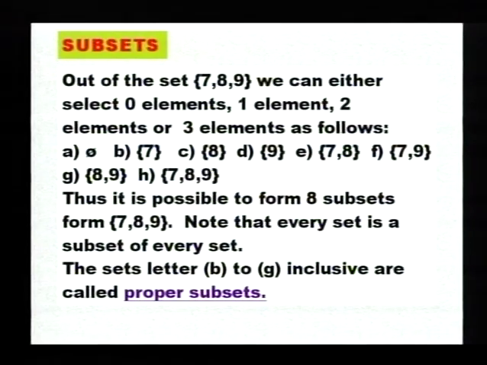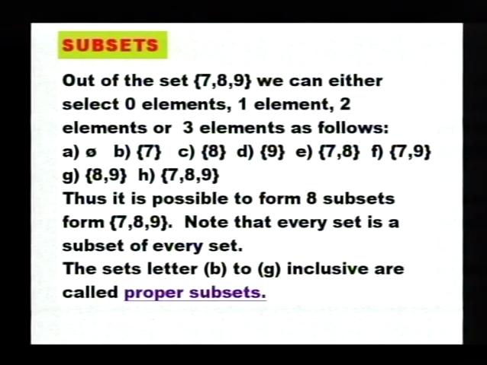Out of the set {7, 8, 9}, we can either select no elements, 0 elements, 1 element, 2 elements, or 3 elements, as follows. A represents an empty set, B is {7}, C is {8}, D is {9}, E is {7, 8}.